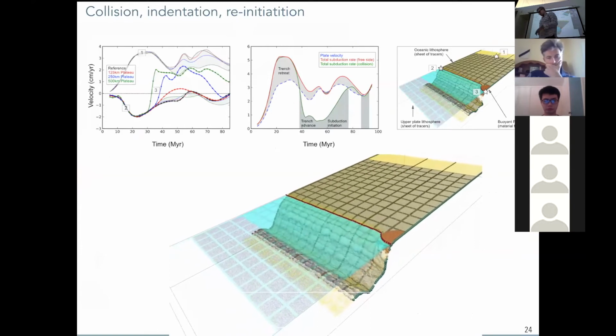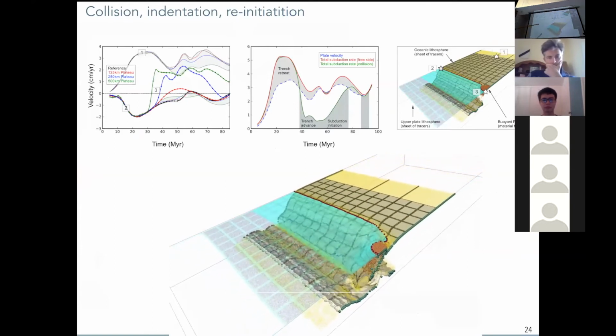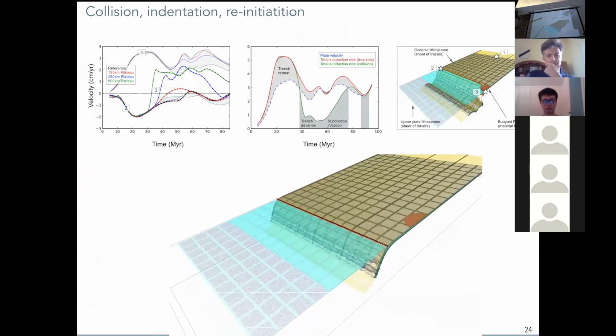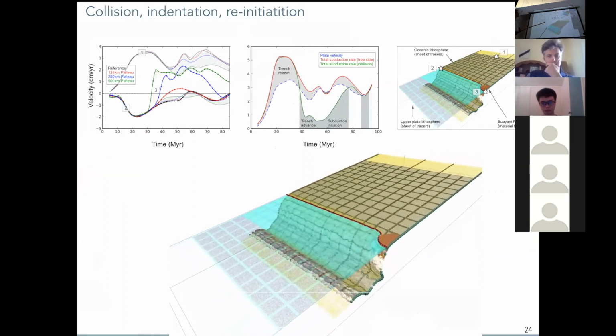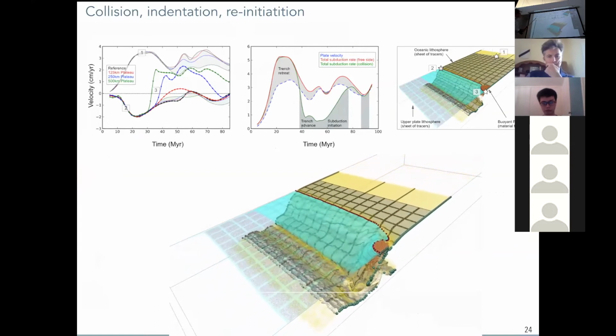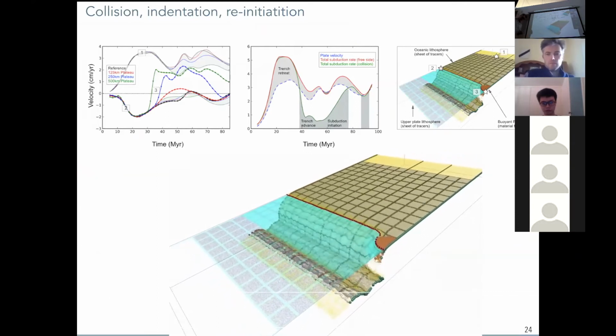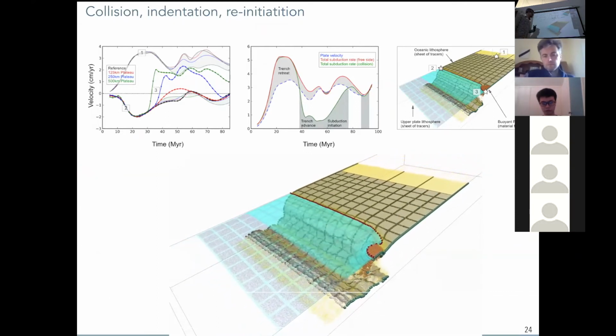But we ran those models many times, and we started to see a pattern, which is basically simple. Let's take a step back.